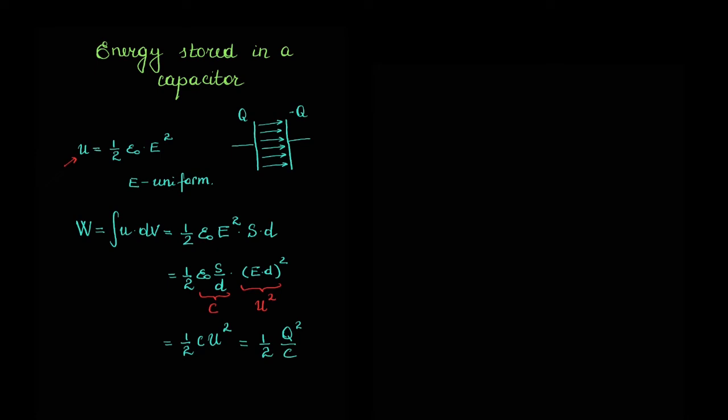Then the work to move dq charge from the negative plate to the positive plate is given by the following formula, which is just dA equals U multiplied by dq, where U is the voltage between the plates when the charge is q. So it's just q divided by C dq.